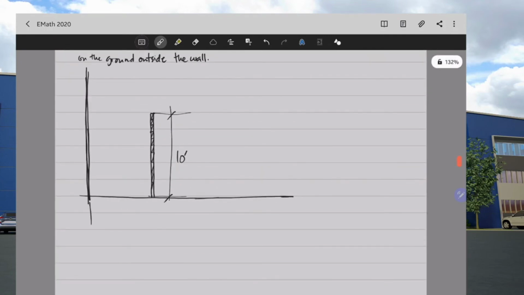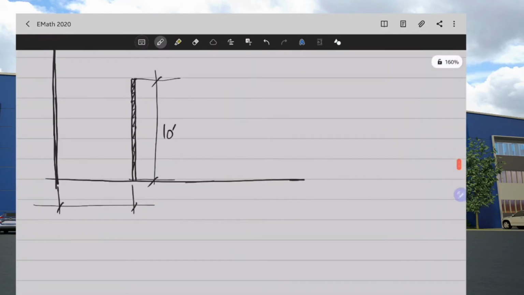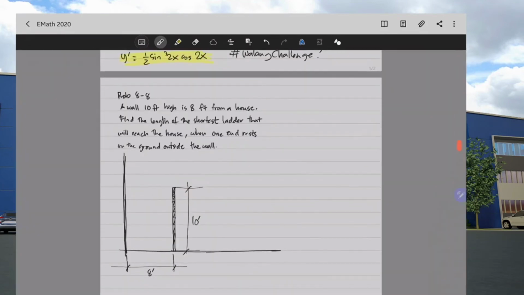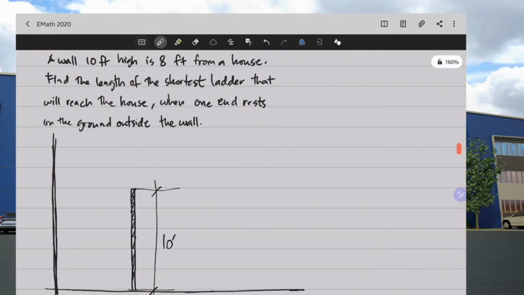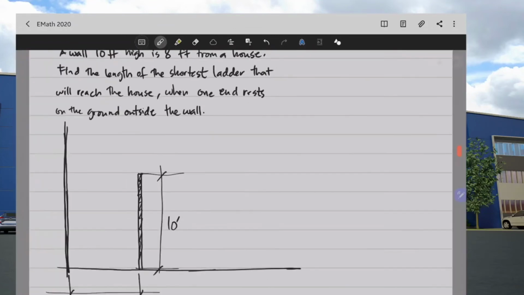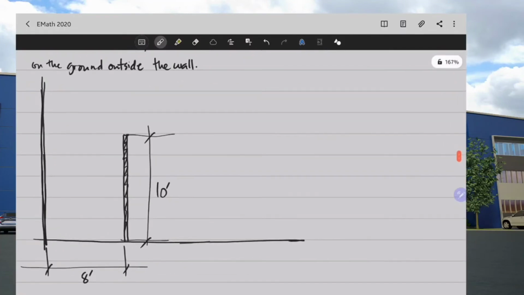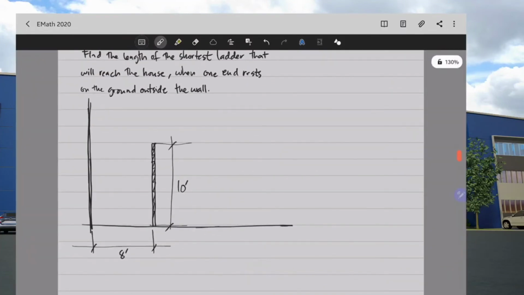So the distance of the wall from the house is just 8 feet. Ayan. So hinahanap natin is the shortest ladder that will reach the house when one end rests on the ground outside the wall. So we need to get the minimum length of the ladder that could reach the house na yung isang end niya is outside the wall.